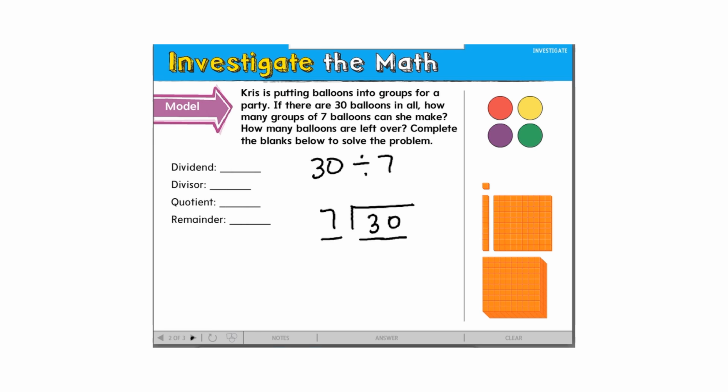What you really should be doing is putting a 0 up here, because that means that 7 couldn't fit into 3, and all we're doing is holding a place. We're not done with the problem yet. That's our very first thing. Because 7 can't fit into 3, we need to hold the place.